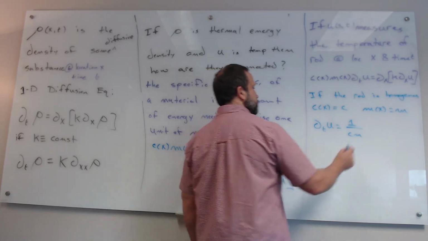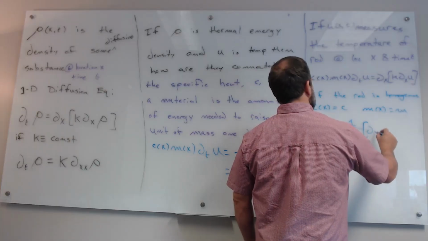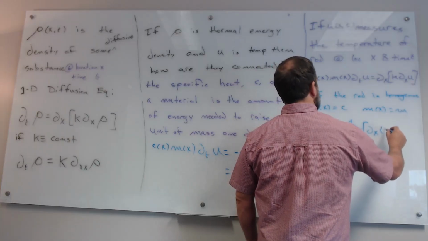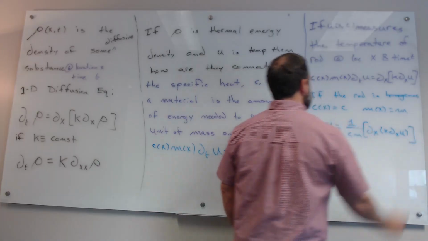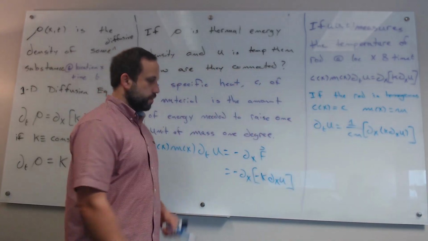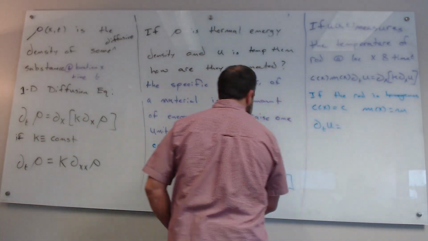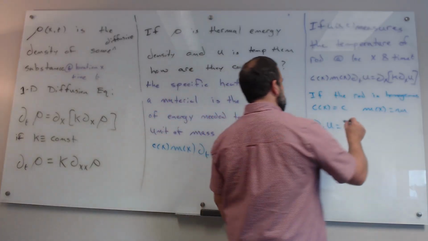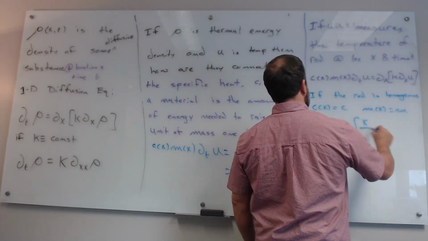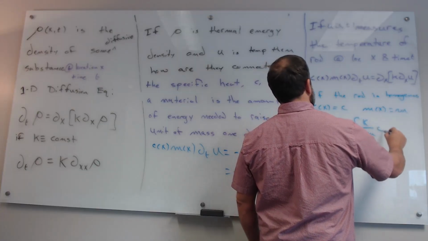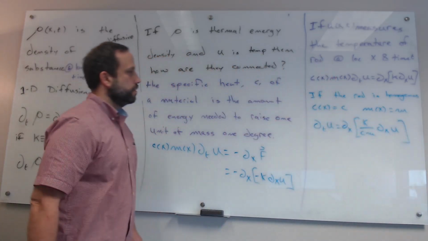We can always write it this way, I guess, even if it's not constant. And really, since C and M are constant, we can move that all the way on the inside and get something like the x derivative of k over Cm times the x derivative of u.